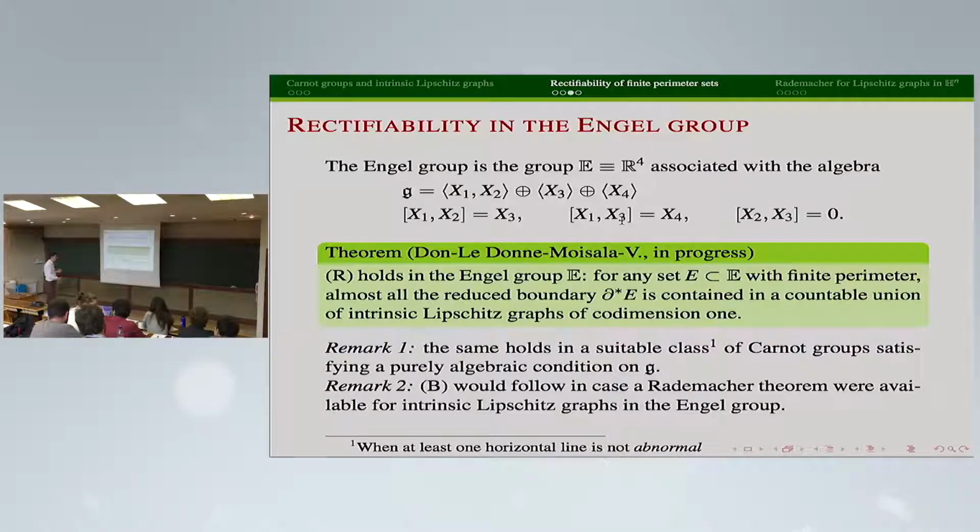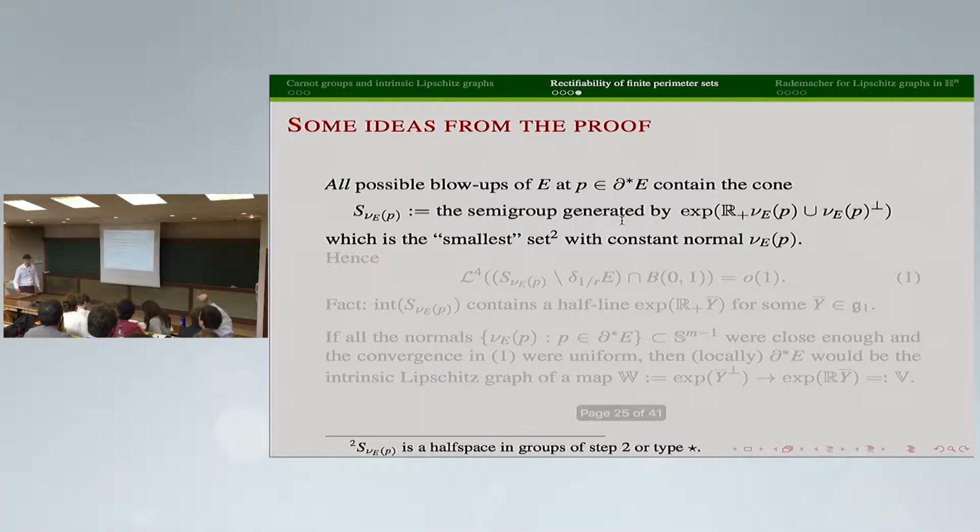So if we were able to prove that intrinsic Lipschitz graphs of codimension 1 in the Engel group satisfy a Rademacher theorem, so almost everywhere you blow them up, you get a subgroup, as we will see in a moment. Then, from the rectifiability property, we would most likely be able to prove also the blow-up property.